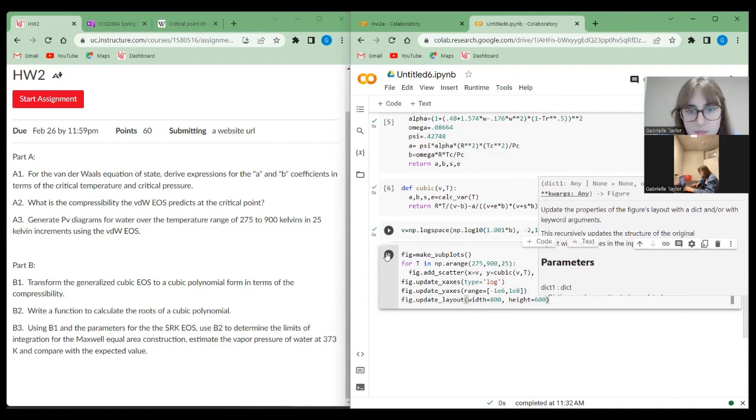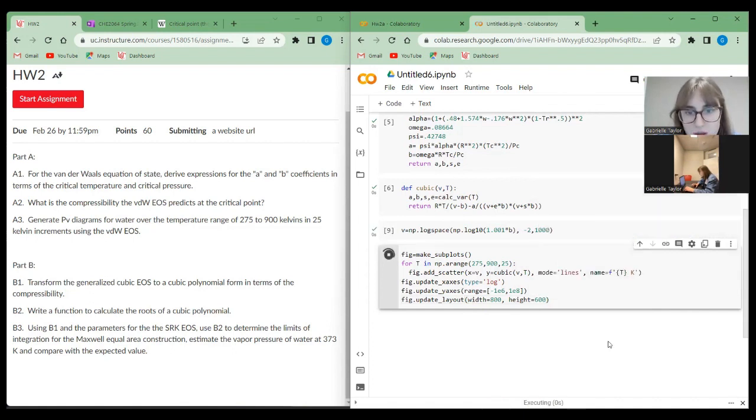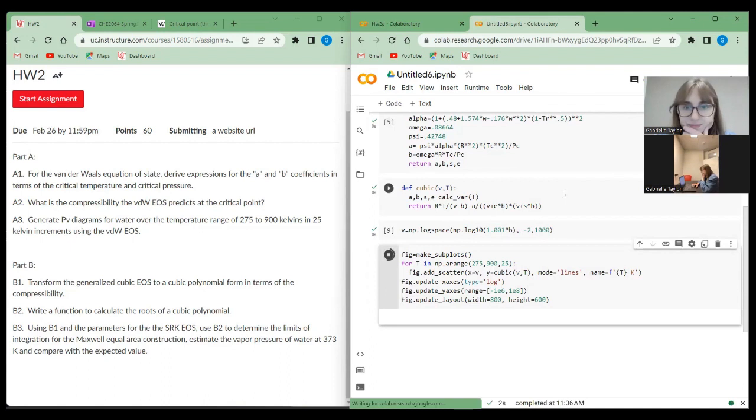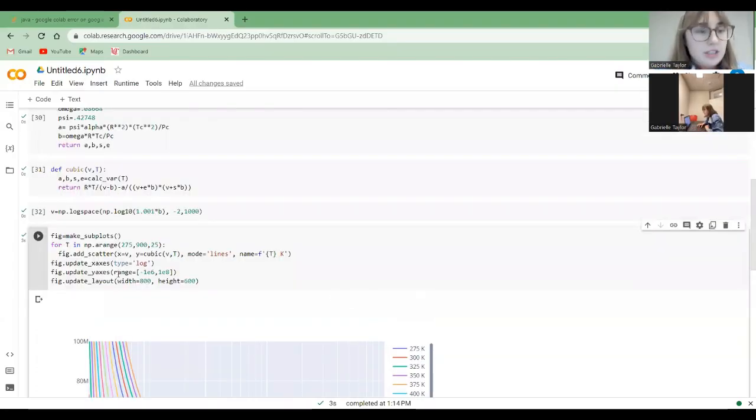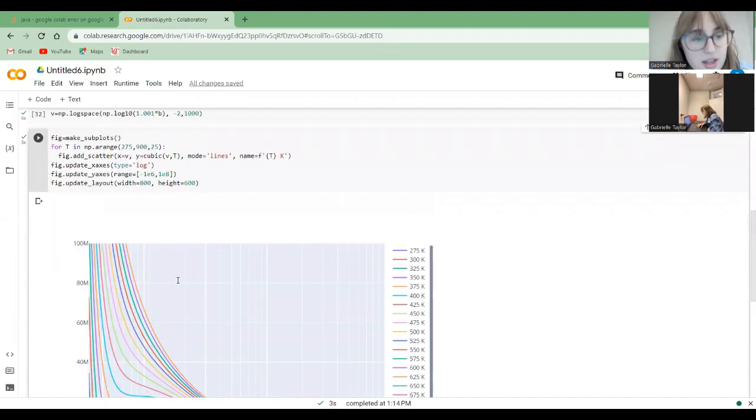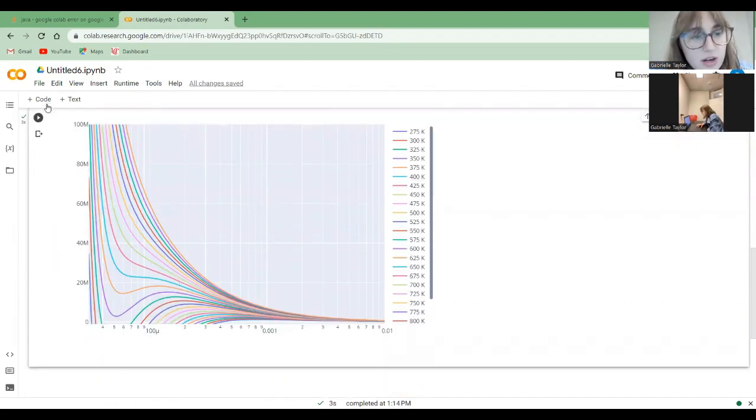Let's see what we're doing with this. After we put our layout on here, with 800 and 600, this is going to be our graph.